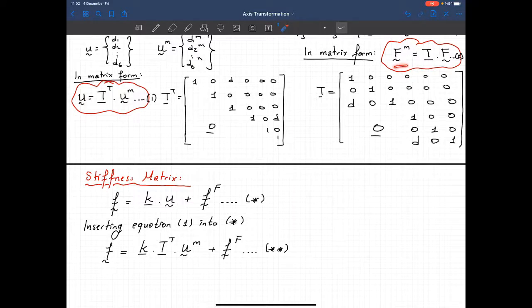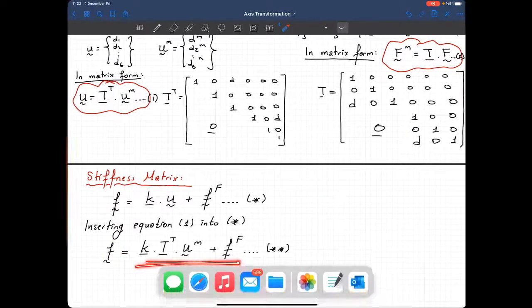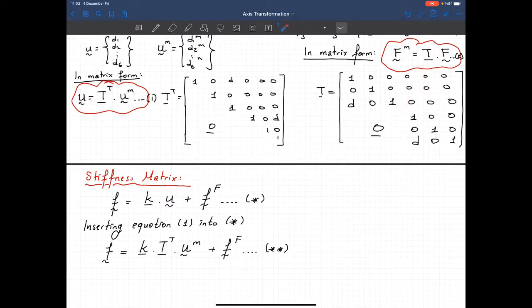Now I will insert this equation into that. I'll rewrite these members, okay? Rewrite this one by using this equation. So I will just plug this into this equation, okay?